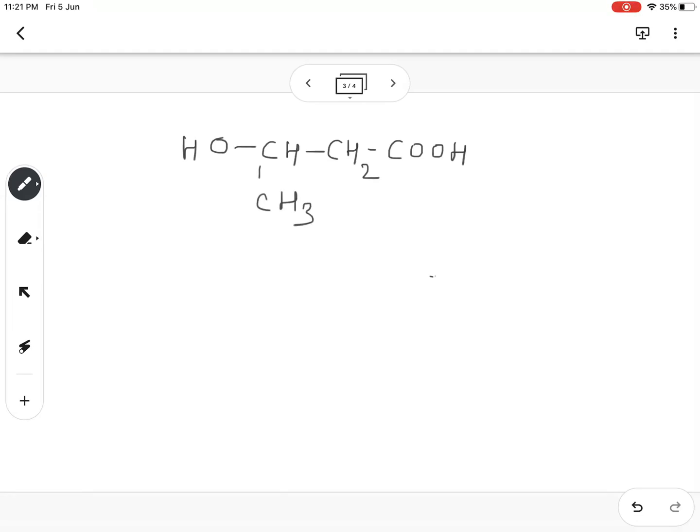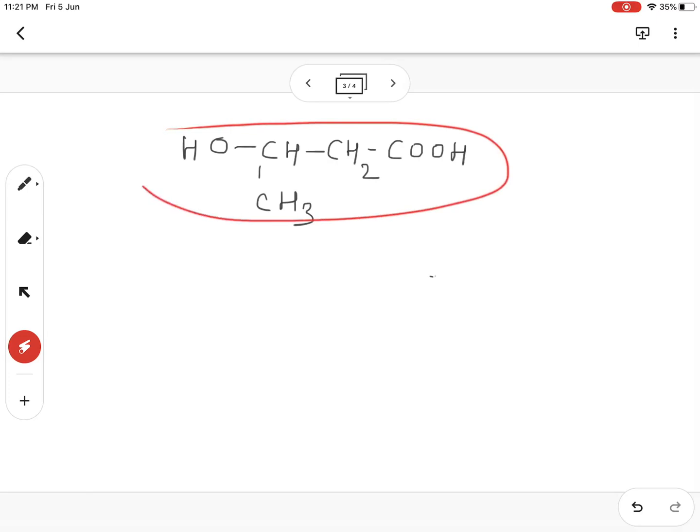So this is a molecule of D-beta hydroxybutyrate. Here you can see that on the beta carbon it has a hydroxyl group. PHB is a polymer of this D-beta hydroxybutyrate.